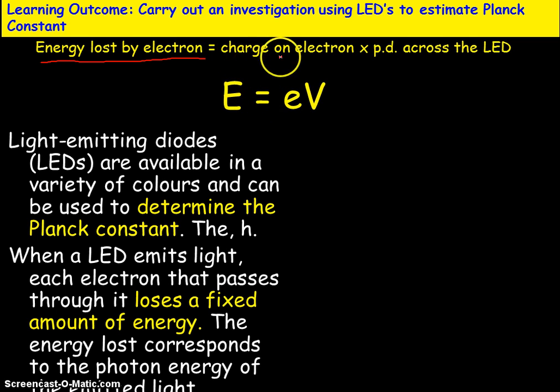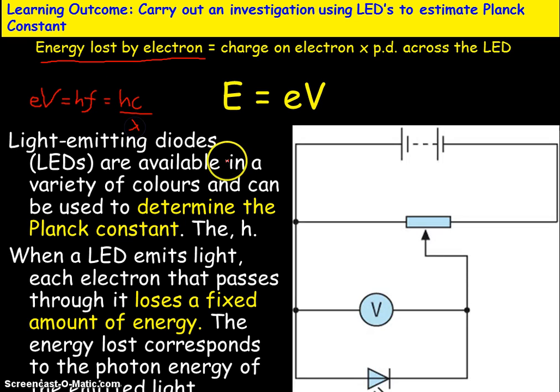So if we use this equation, the charge on an electron times the potential difference across the LED, that is equal to the energy lost by the electron. So in effect we can say that for an LED, the minimum voltage for it to work is equal to the energy of the photon that's released, which is obviously also equal to hc over lambda.